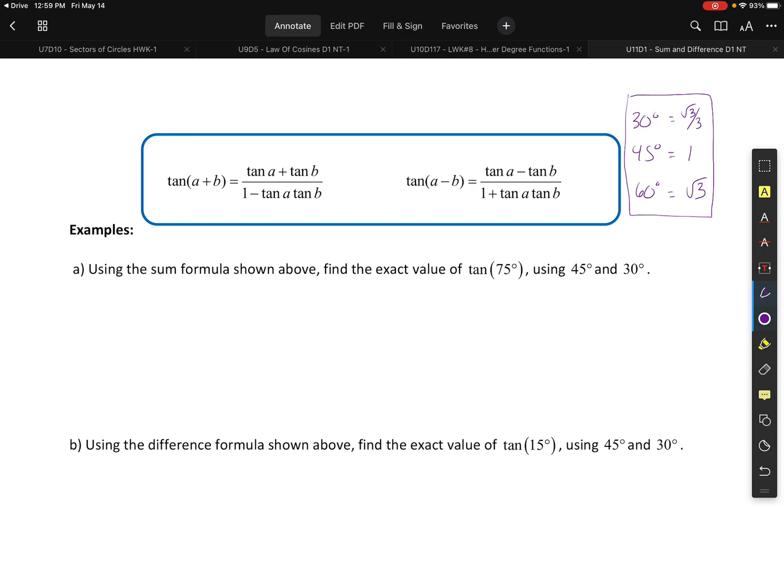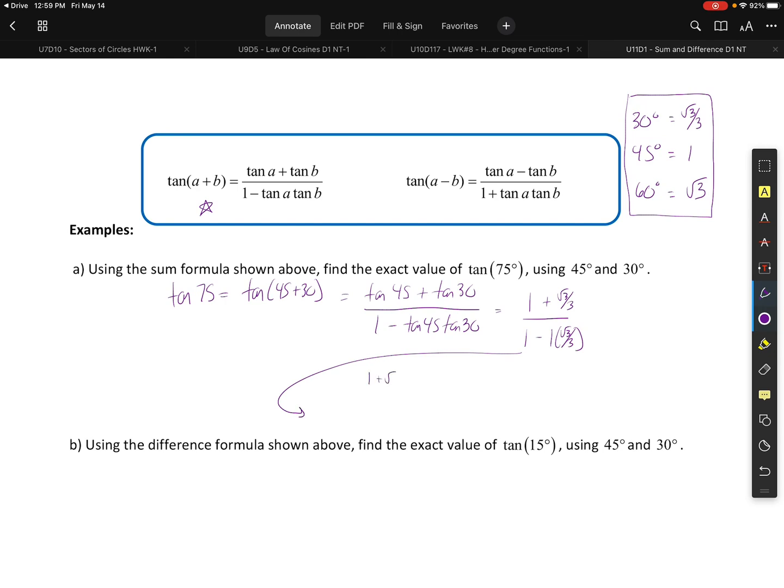So with our tan formula, we have tan 75 equals tan of 45 plus 30. The addition formula: tan 45 plus tan 30 over 1 minus tan 45 tan 30, which gives us 1 plus rad 3 over 3, over 1 minus 1 times rad 3 over 3.